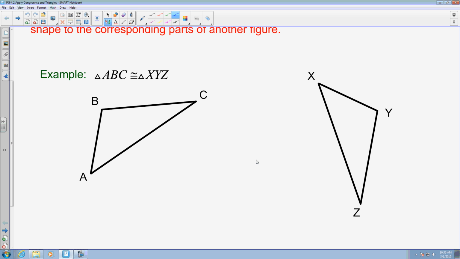The first one is corresponding angles. The corresponding angles come from the names of each of the vertices, and the order in which they're placed is which one corresponds with one another.